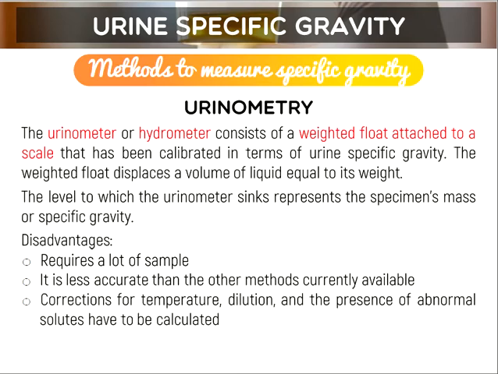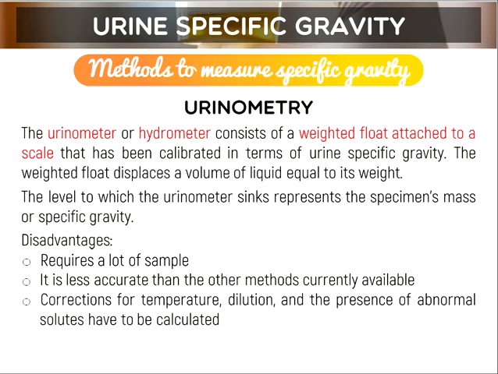Now, urinometry. It is based on density, and it is a weighted bulb-shaped instrument that has a cylindrical stem, which contains a scale calibrated in specific gravity readings. The instrument is floated in a cylinder containing urine, and the depth to which it sinks in the urine indicates the SG. It should be checked daily with distilled water, where the SG is 1.000.